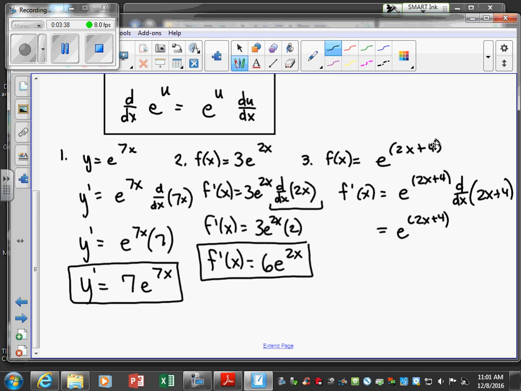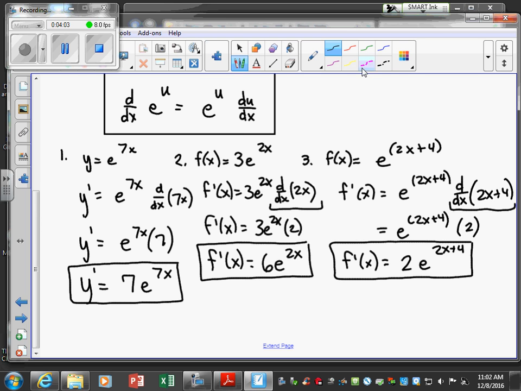What is this? What does this term simplify to? 2, yes. So f prime of x is going to be 2 e to the 2x plus 4. Good.